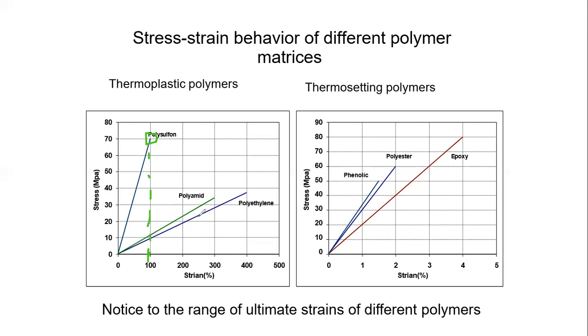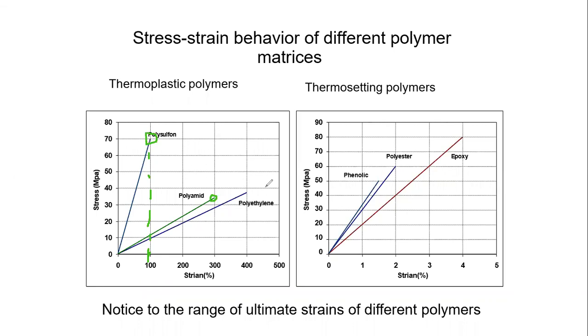Next, coming to the polyamides, it has a stress of 35 megapascals and strain of 300%. So it is equally balanced in nature in the stress-strain graph. The polyamides has a balanced structure compared to the stress and strain. Last one is polyethylene.